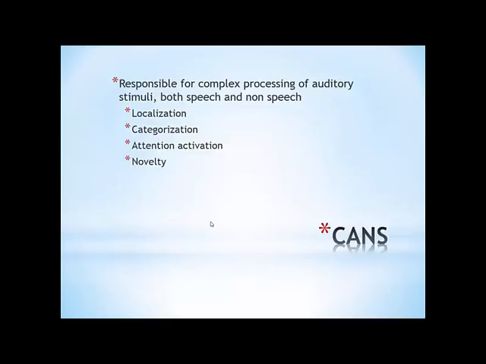These are all complex auditory skills that happen in the central auditory nervous system. Looking at novelty of a sound and recognition and whether or not you've heard a sound before. Classifying and understanding different parts of speech, and ultimately understanding language is also part of the central auditory nervous system.